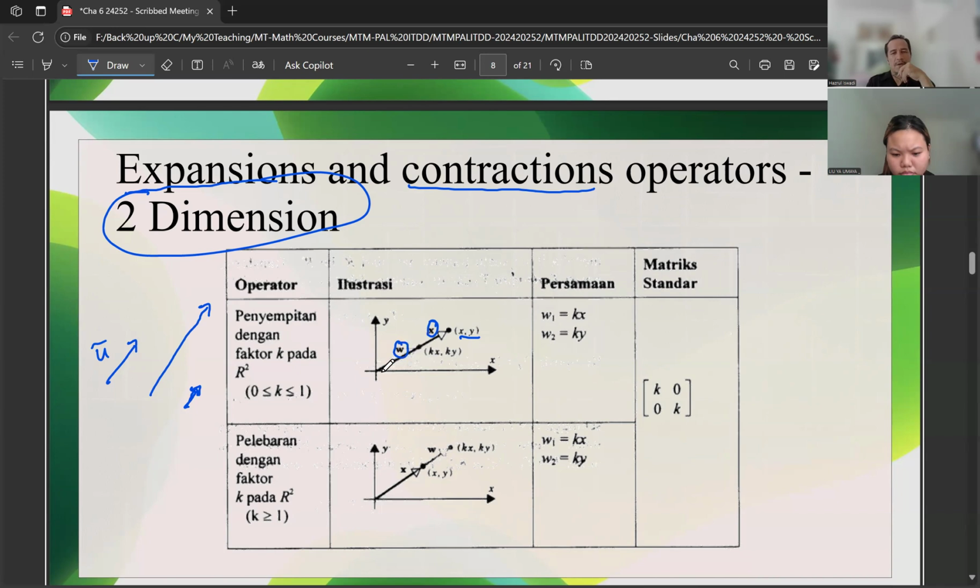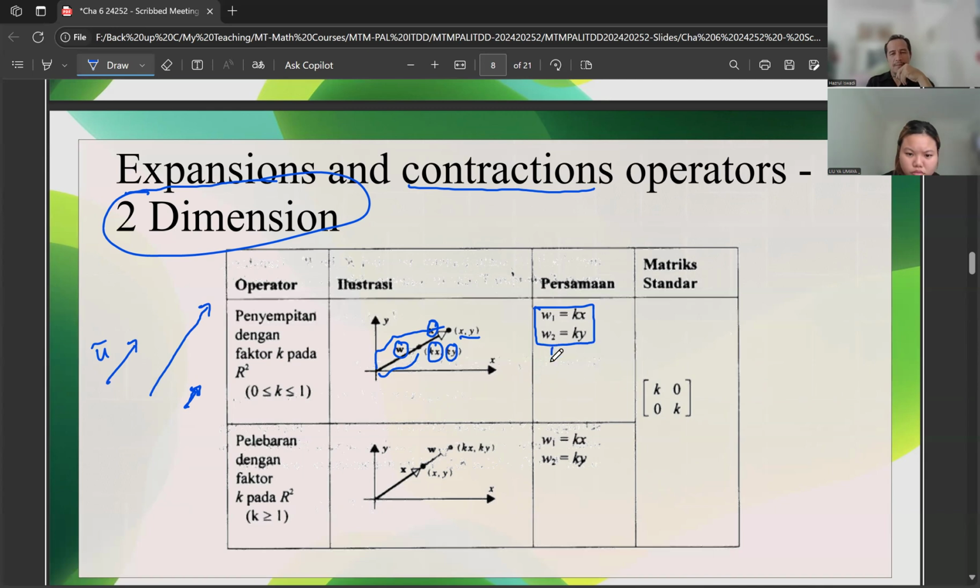So the length of W is smaller than the length of X. X is longer than W, and it means that W is the multiplication of k and X and Y.